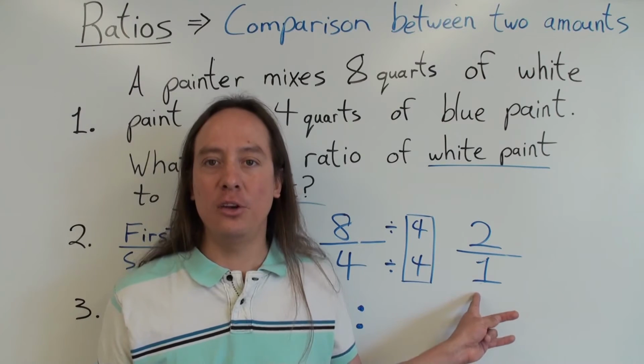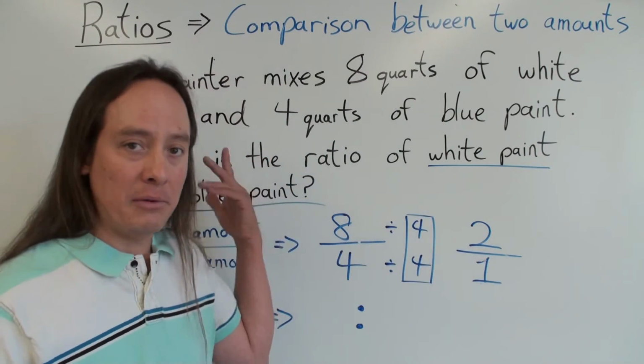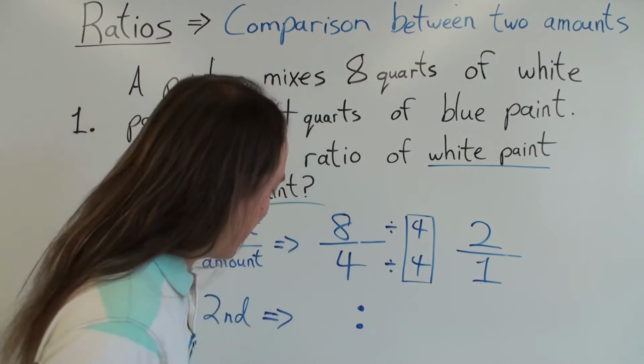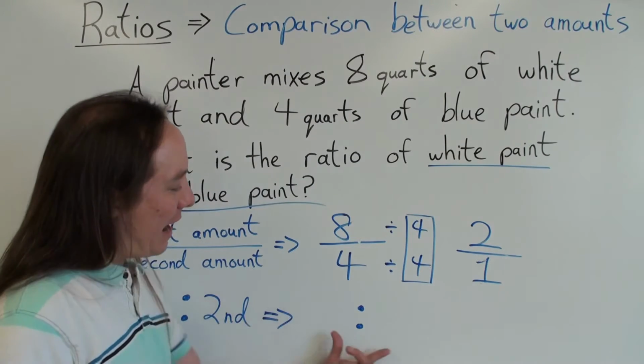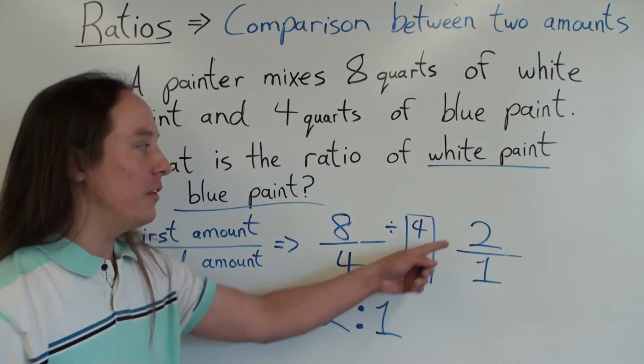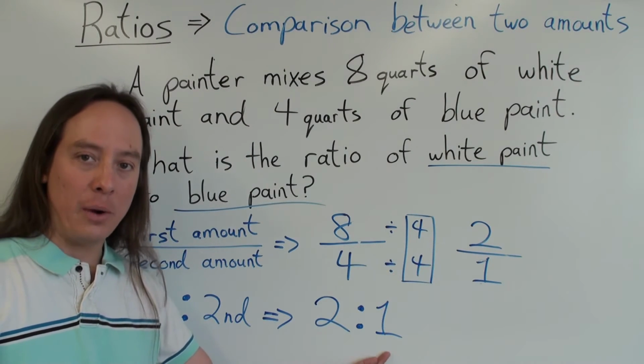Now, not all ratios will be like that. Like I said before, it could have been 1/2, and that's just a 1/2 ratio. Now our answer here with the 2 dots would also be 2 to 1, where we put the first thing they asked for on the left side, and the second thing they asked for on the right side.